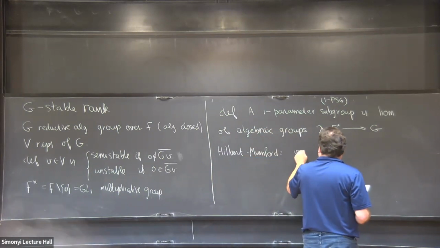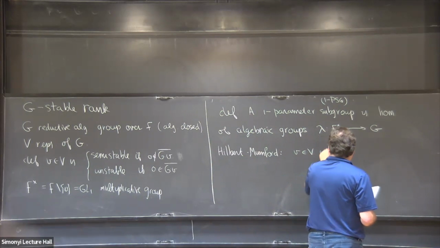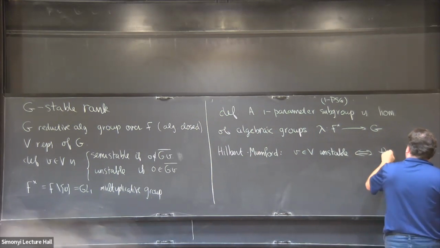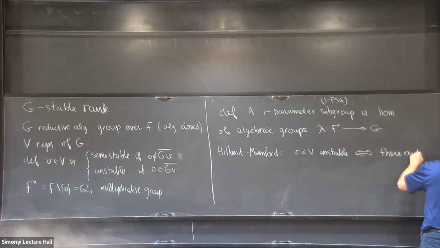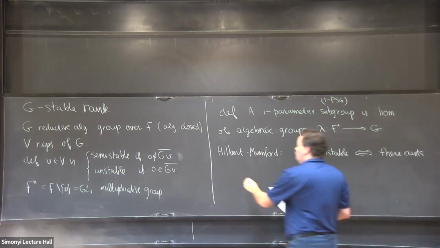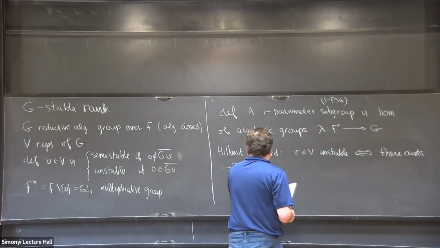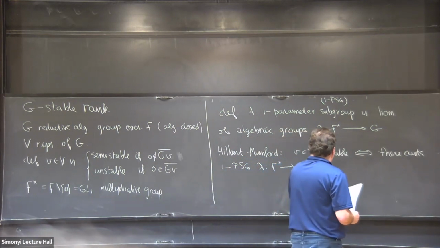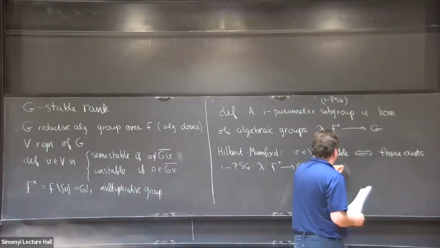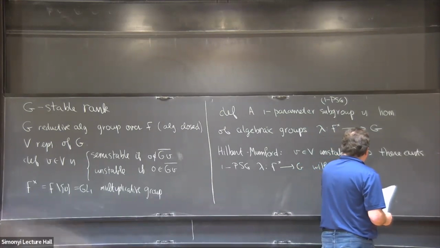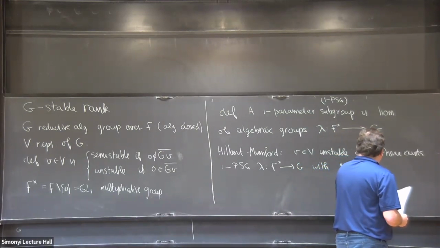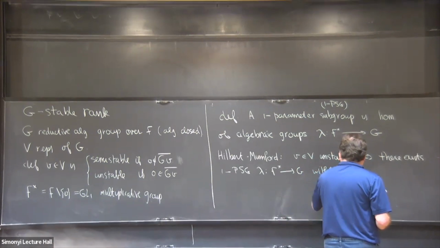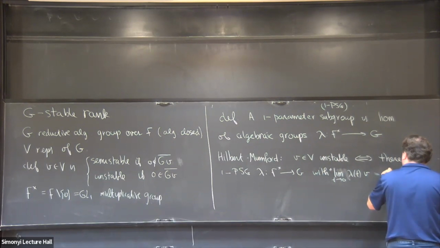v is unstable if and only if there exists a one parameter subgroup lambda with, and I'll put this in quotation marks, lambda t applied to v, if you take the limit t to 0, is equal to 0.